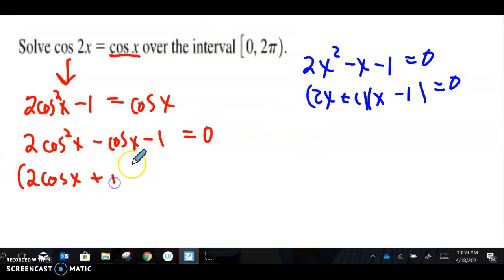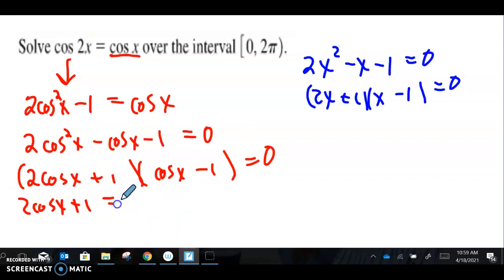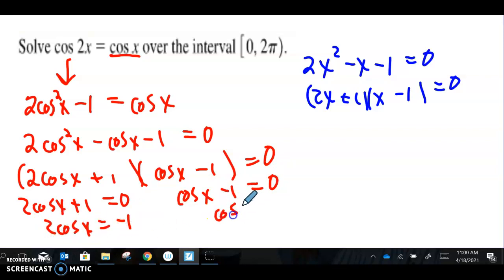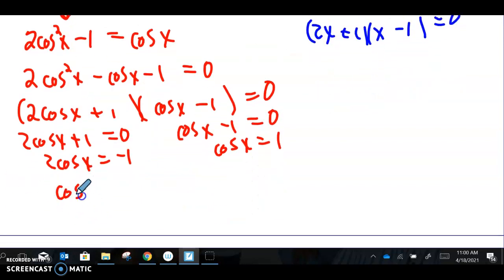So 2 cosine x plus 1 times cosine x minus 1. Notice if you FOIL it, you get 2 cosine squared minus 2 cosine plus 1 cosine is minus 1 cosine and minus 1. Set each of these equal to 0, and we have 2 little problems that are like 6.1 and 6.2. 2 cosine x equals negative 1, so cosine x is negative a half.